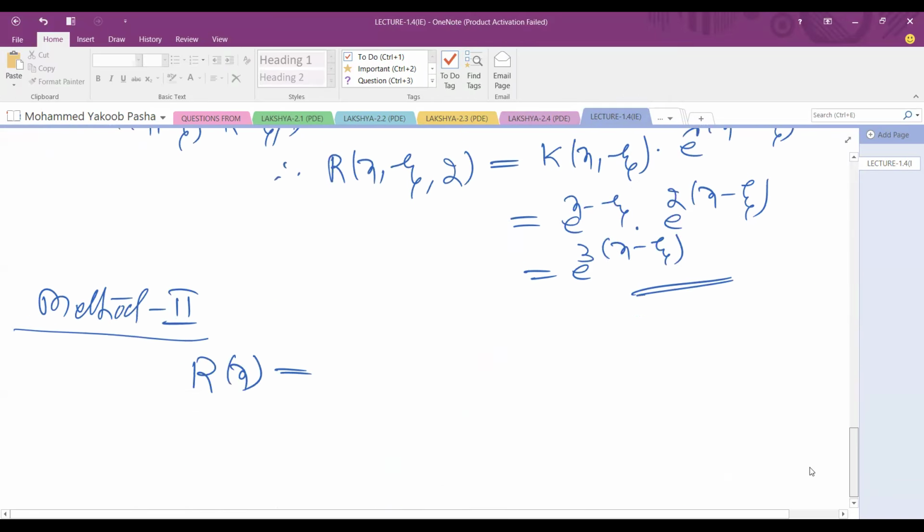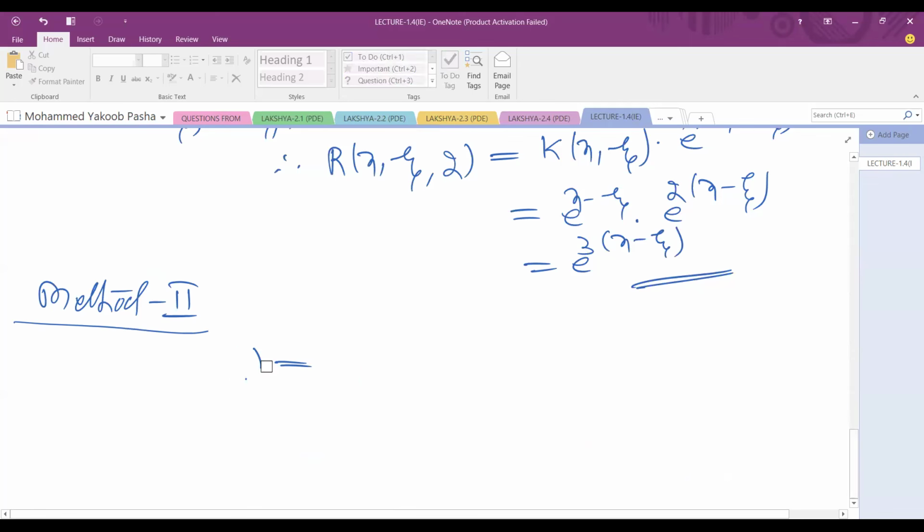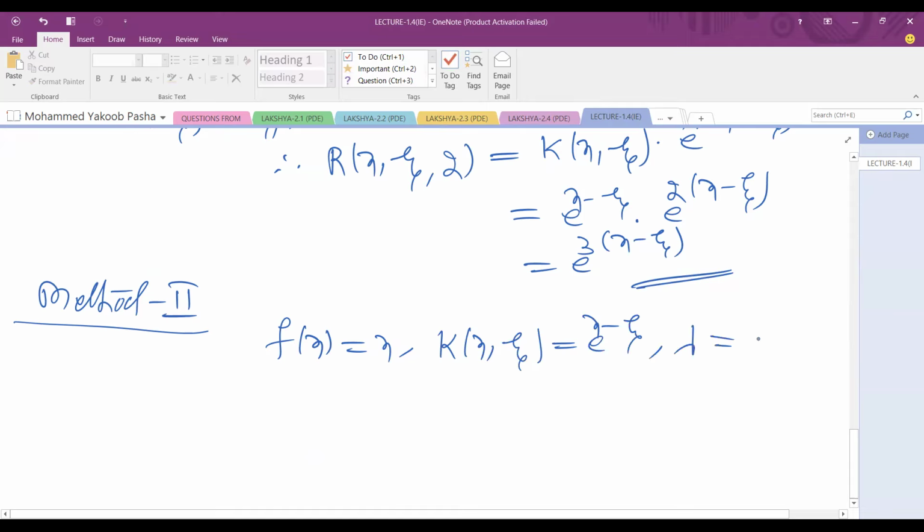So f of x is x, k of x comma t is e to the power of x minus t, lambda is equal to 2, so we can write g of x simply as e to the power of x. After writing g of x and lambda values, now use the formula.